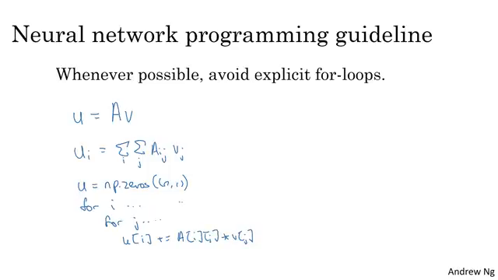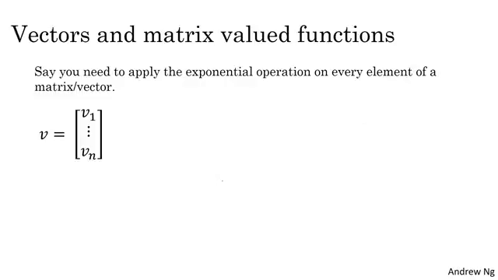So now this has two for loops, looping over both i and j. That's the non-vectorized version. The vectorized implementation would be to say u equals np.dot(A, v). The vectorized version now eliminates two different for loops and it's going to be way faster. Let's go through one more example.